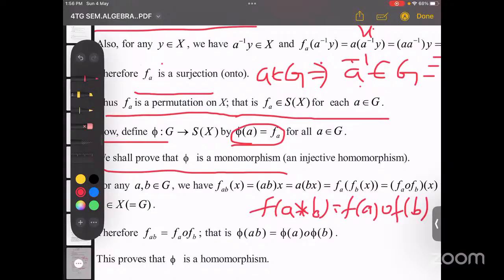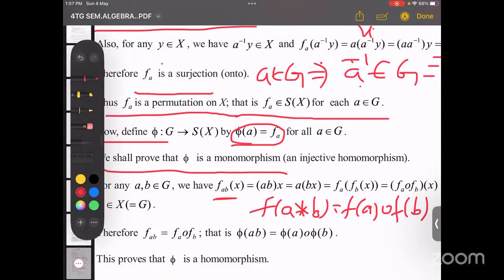So we are defining F of AB of X equals to, what is there? There is AB into X. By associative property, you can take A outside and BX. Now, this AB into X is equals to A into BX.